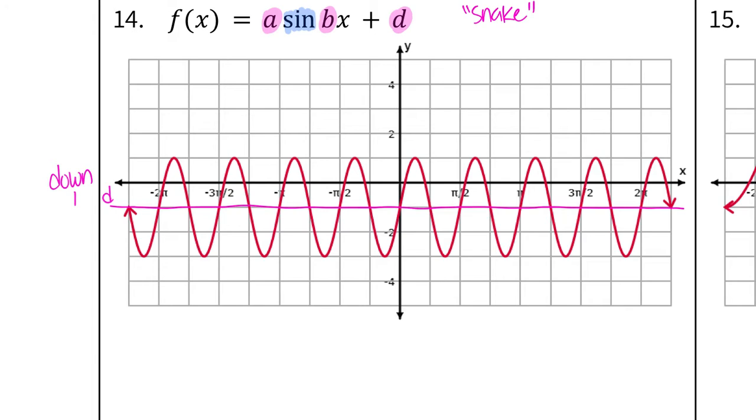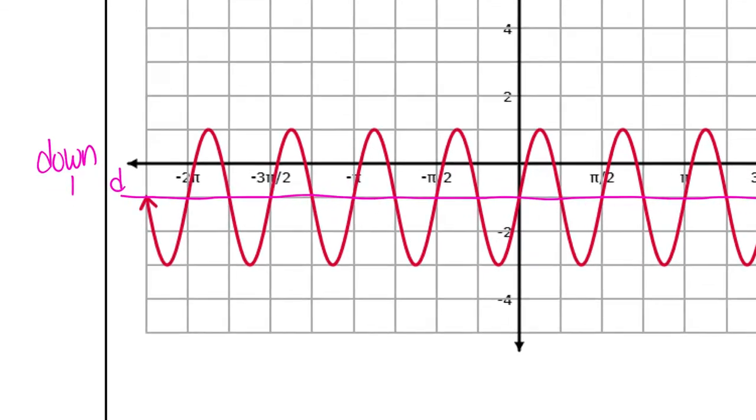Okay, from here we can find A. A is just the amplitude, so how far away are the max and min from that midline? That controls A. So that's, for both, should be the same, 2 squares. So our amplitude is 2.